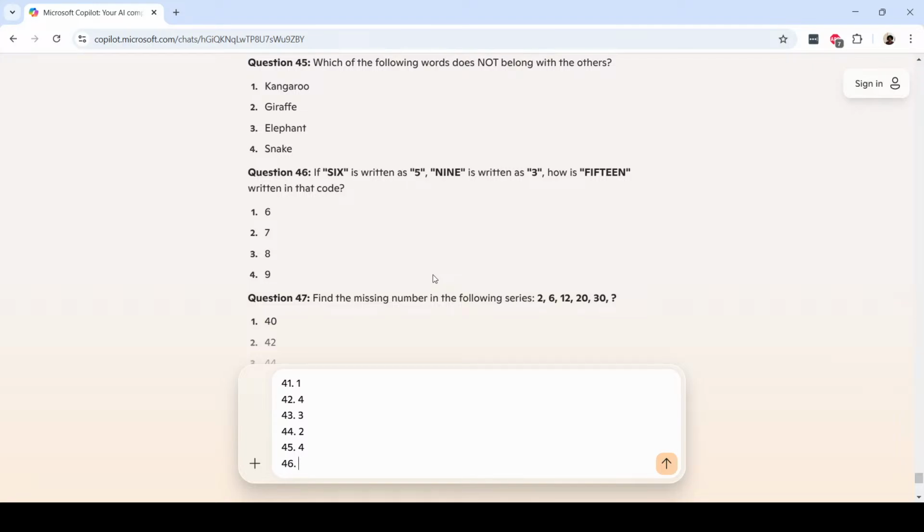Okay, so 9 should be, 9 is written as 3. How?